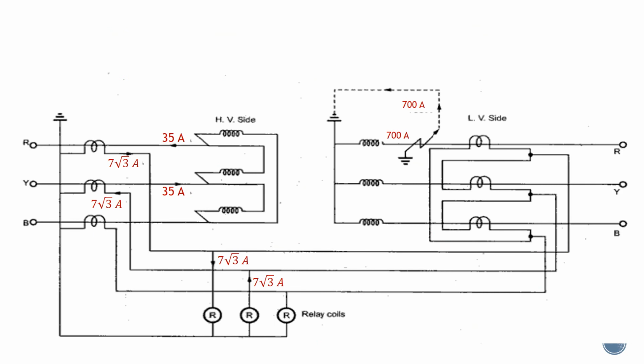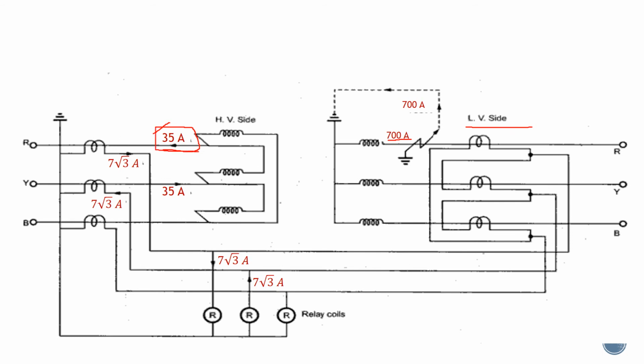Let us look at the physical representation of the solution. As said, an earth fault of 700 ampere occurs on the low voltage side of the transformer within the protective zone. Therefore, the CT secondary current here on the low voltage side will not be flowing. But by equating the apparent power, we have calculated the line current of the high voltage side, that is 35 ampere.